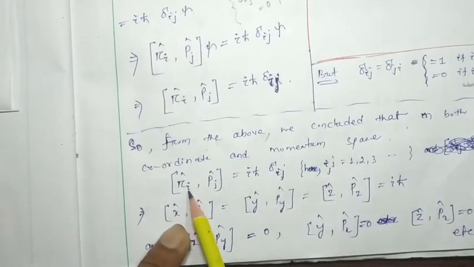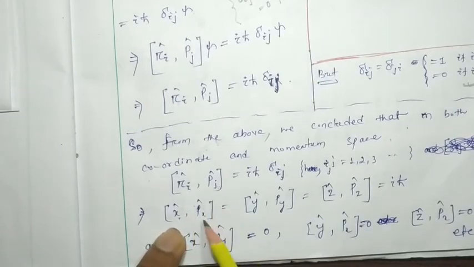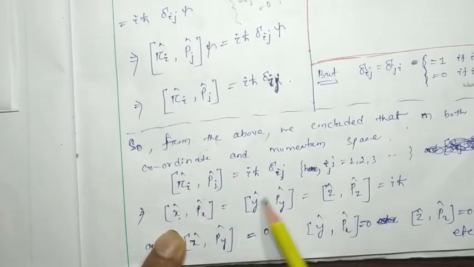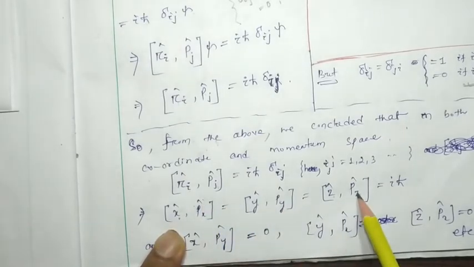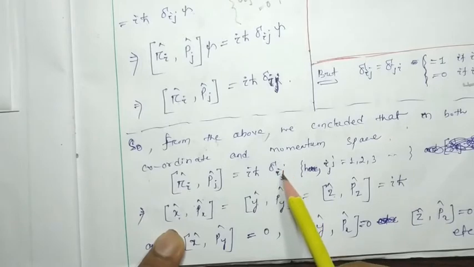Suppose i equals 1, j equals also 1. That means R1 is x cap and P1 is Px cap, or you can consider y cap, Py cap, z cap, Pz cap, which will be equal to iħ, because the Kronecker delta value will be 1 when i equals j.